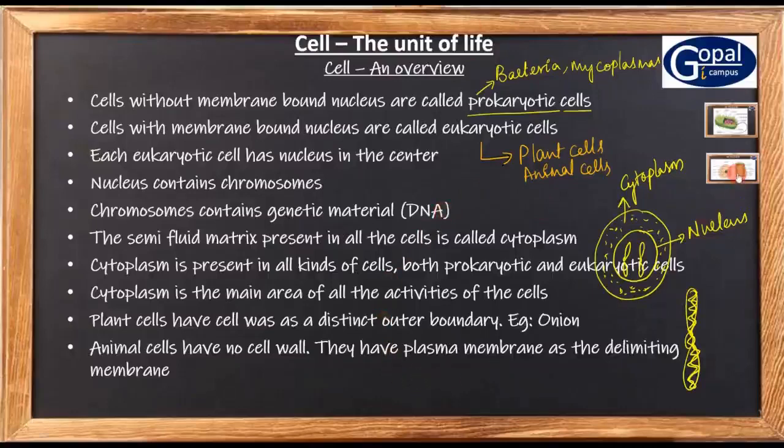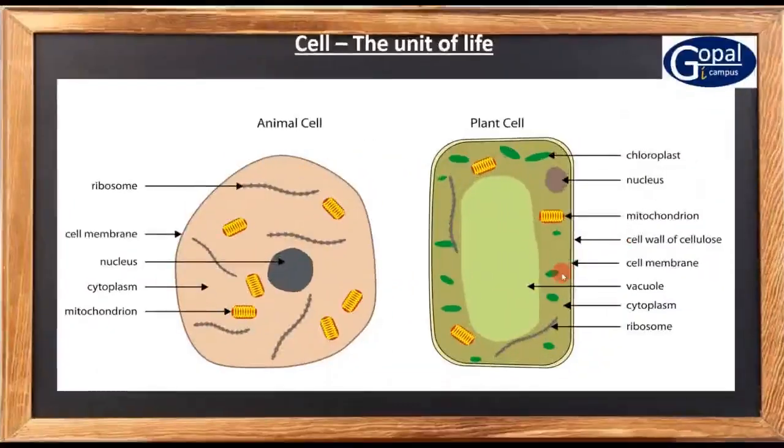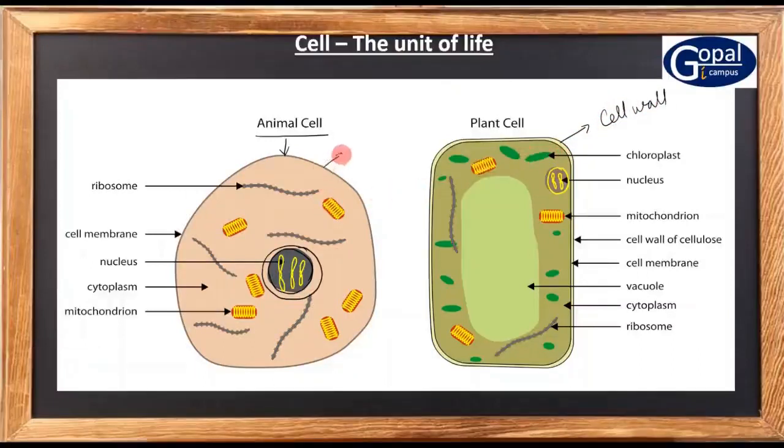So let us once again go to the diagram. See here, in animal cells there is no cell wall, but in plant cells there is a cell wall. This is the cell wall. And below the cell wall you can see the plasma membrane, but in animal cells the outer membrane is the plasma membrane.